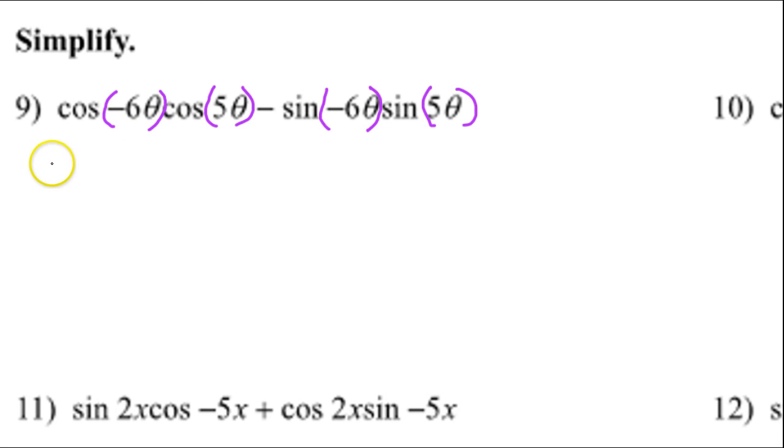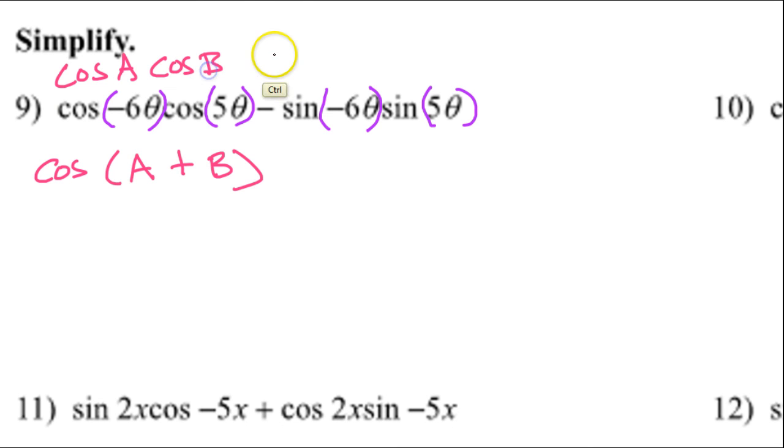So the cosine formula says if I have the cosine of A plus B, then that's going to become the cosine of A times the cosine of B minus the sine of A times the sine of B. See how this fits the pattern? It's just that everywhere you see an A, you see a negative 6 theta.